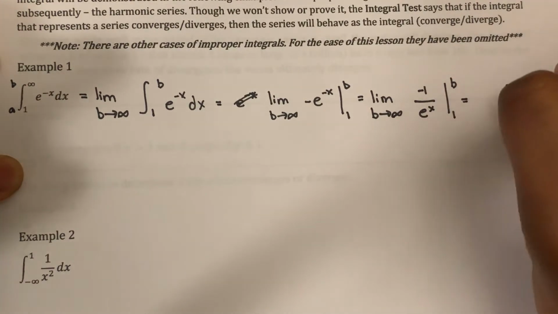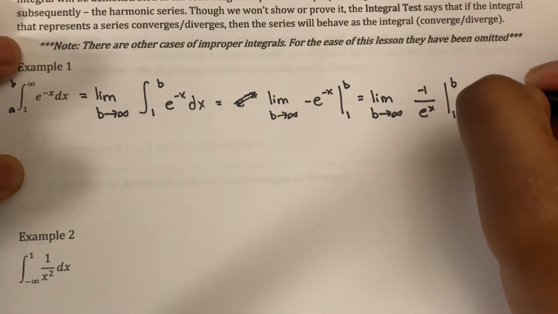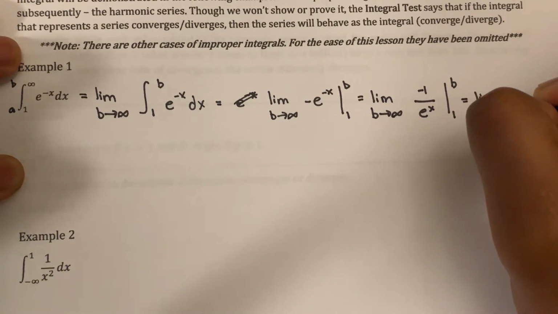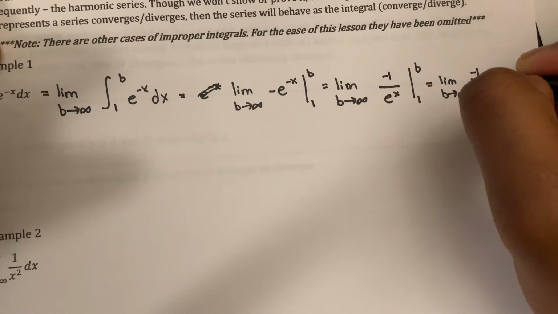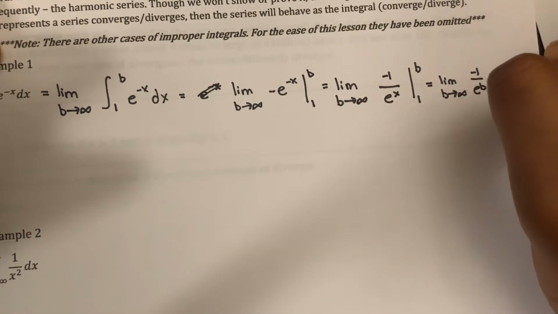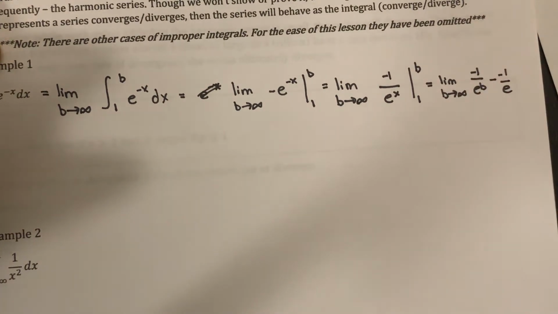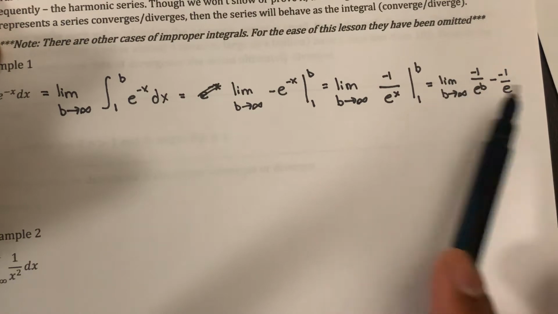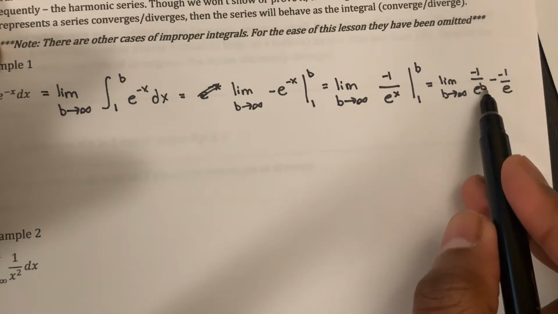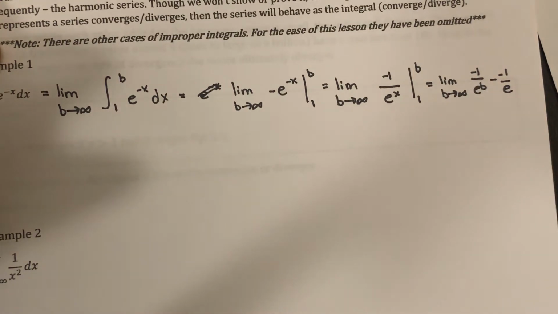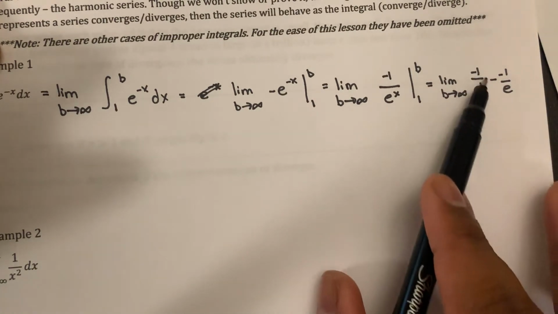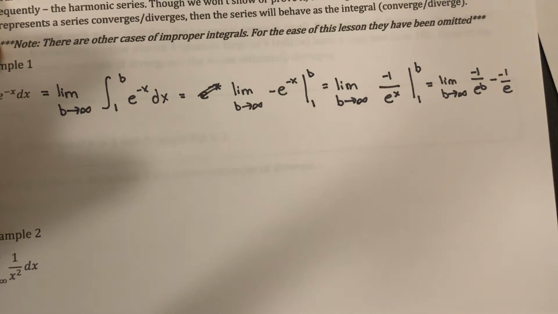So we have the limit as b approaches infinity of -1 over e to the b, minus -1 over e. Then when b goes to infinity, since e is larger than 1, what we learn with geometric series is that if the ratio is less than 1, the limit is going to converge to 0.